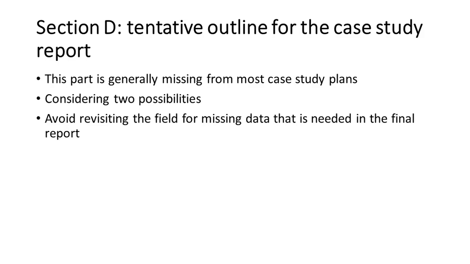One is consider publication of this case study in an academic journal, so the format requirement of the journal will guide your outline of the report. In another case, this report was commissioned by a sponsor, and they already have some preference in the outline and structure requirement of the final report.